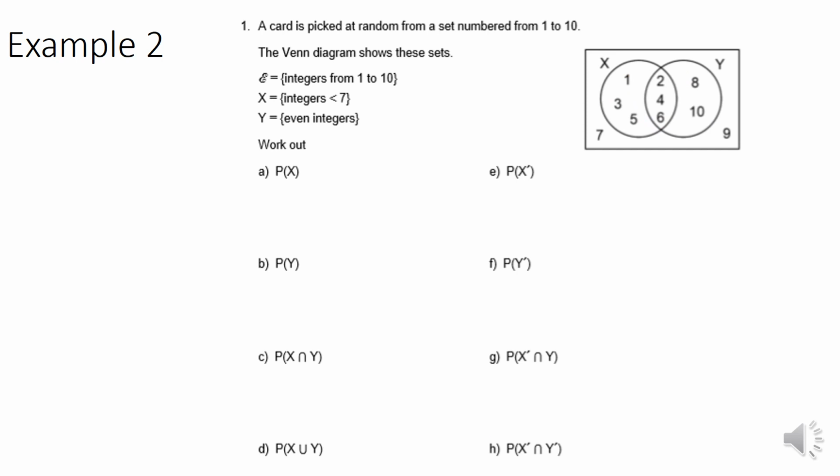And last one, so we've got the probability of not X intersection with the probability of not Y. So let's shade in not X. So that is anything that is not in the X circle. And not Y, that is anything that is not in the Y circle. So I'm going to shade that the other direction.